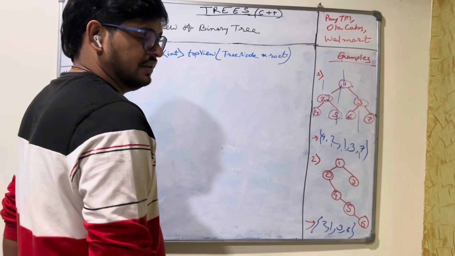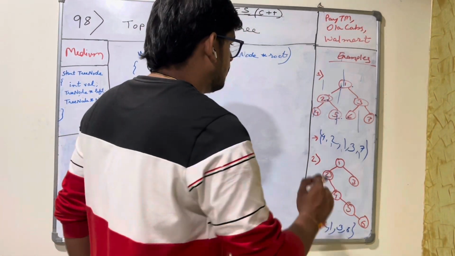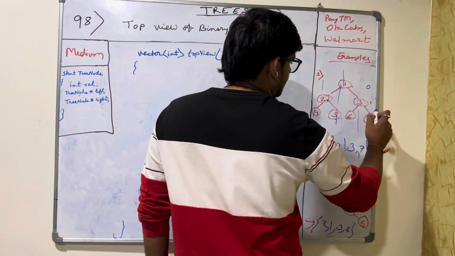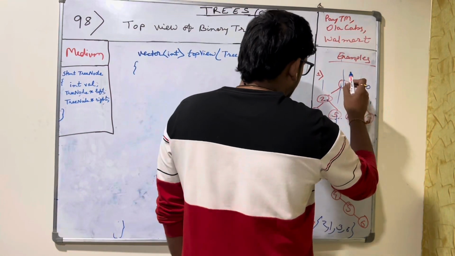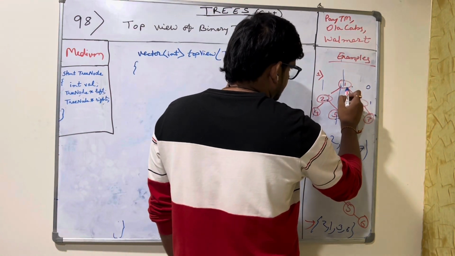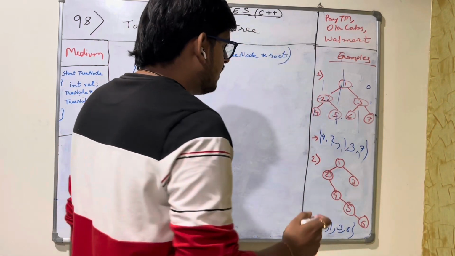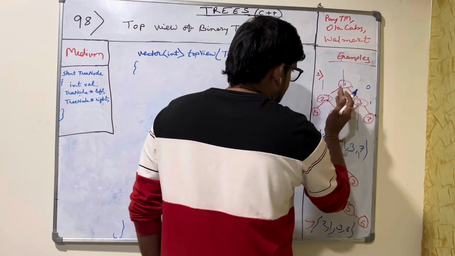Now how do we solve this? We know how to do a level order traversal, right? This is the 0th level, this is the first level, second level. Now when we are traversing, we go to the left or to the right. When we go to the left, we change the direction towards the left side.